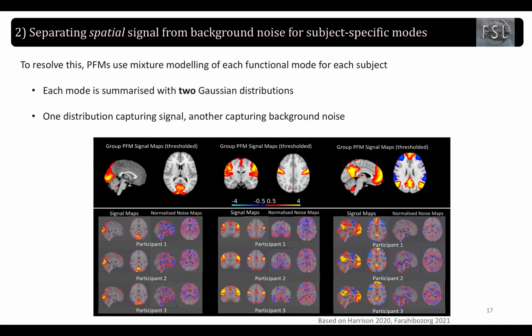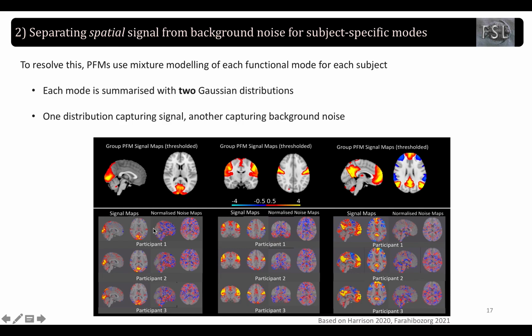In order to solve this problem, PFMs proposed a solution. Before, I said that we use Gaussian distribution to model spatial maps in every voxel of every mode. It's actually two Gaussian distributions, not one. One of them is supposed to capture the actual functional mode, so the signal element, and the other one is supposed to capture the background noise.